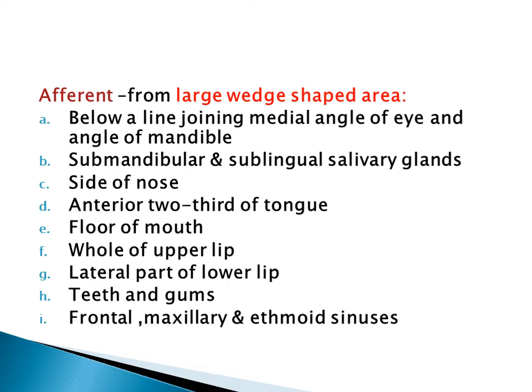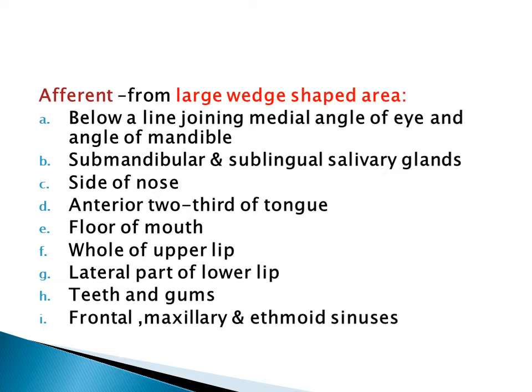Here we have the drainage area. It is a large wedge-shaped area. If you draw an imaginary line joining the medial angle of the eye and the angle of the mandible, the region below that is drained by the submandibular nodes.